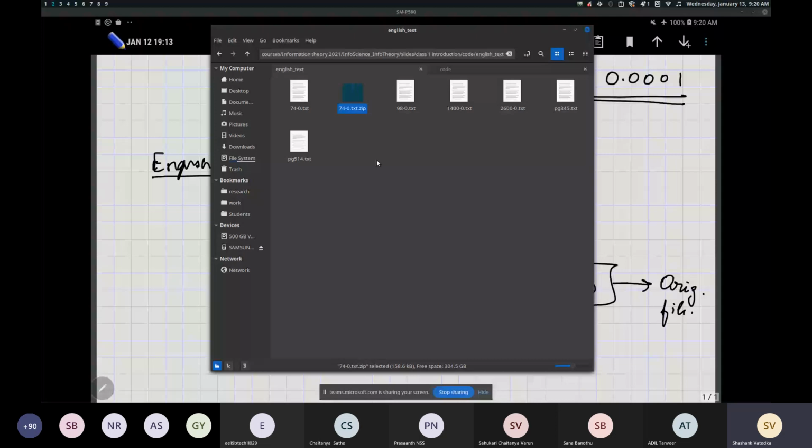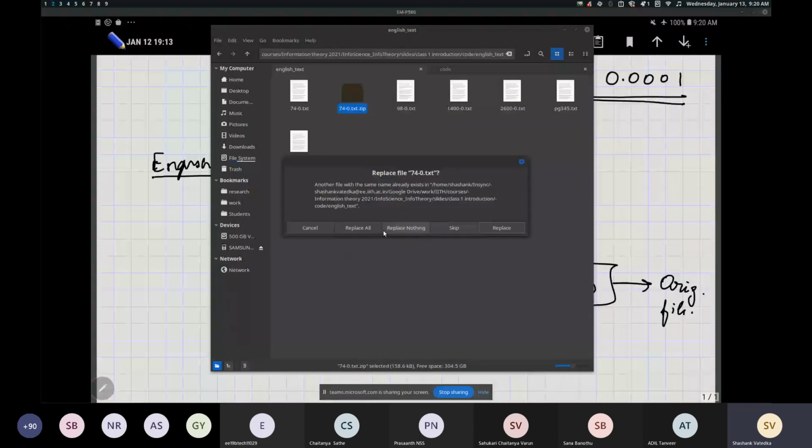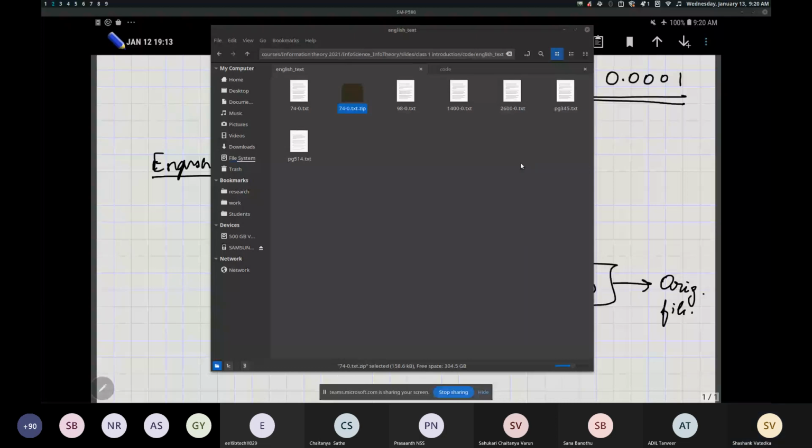But at the same time, I can also extract this. There's a decompression algorithm, which will give me the original file once I decompress. So in some sense, I'm not losing any information about the original text file. I'm throwing the word information around very loosely without having completely defined it, but you know what I mean, right?